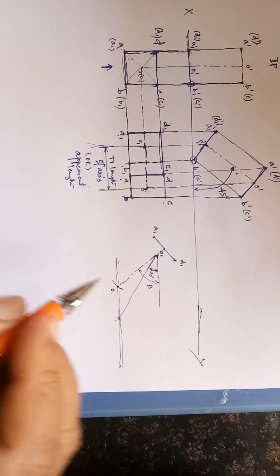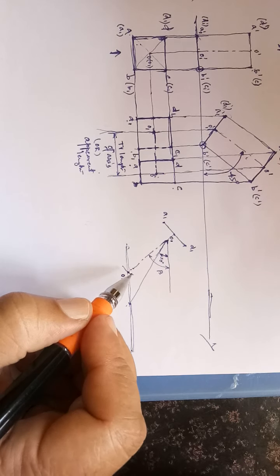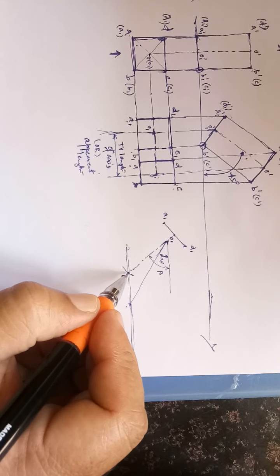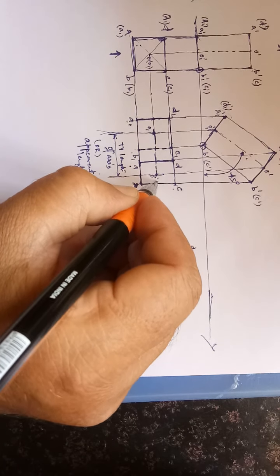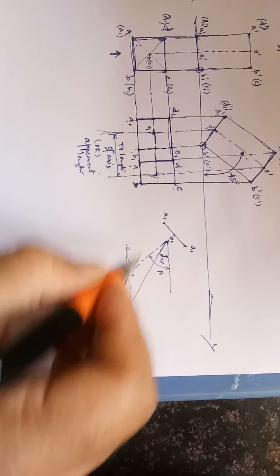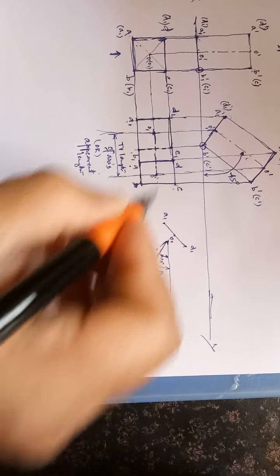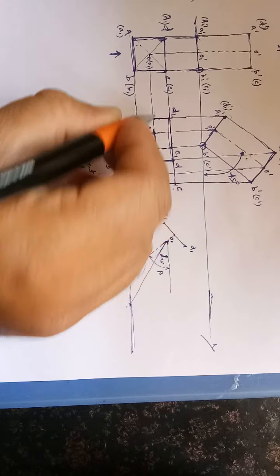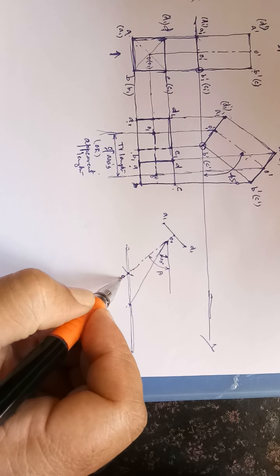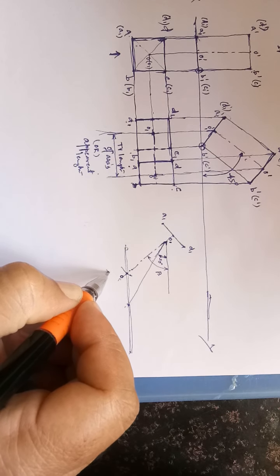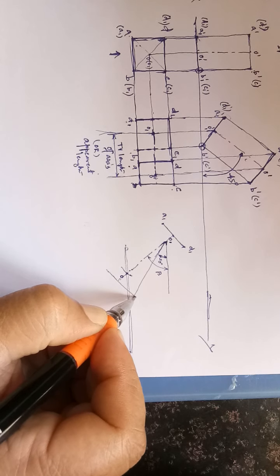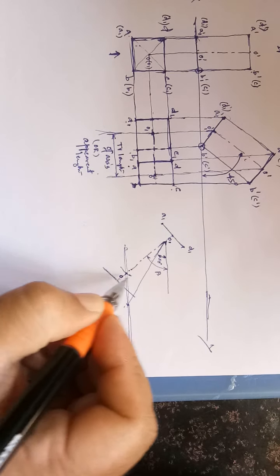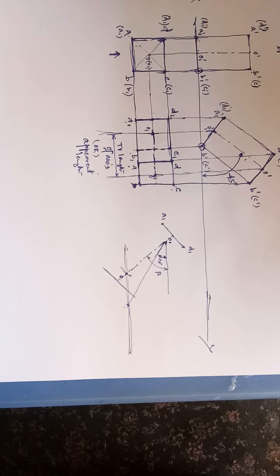Similarly come here, you have to mark B and C. You know B and C is perpendicular to O1 O. So measure this distance, how much it is. This distance and this distance will be the same. So measure the distance and draw a line perpendicular to the axis.